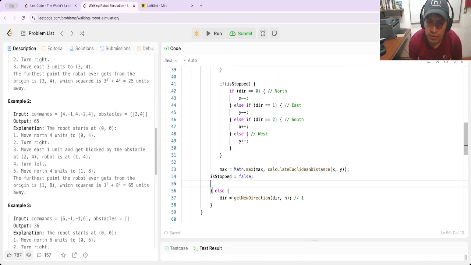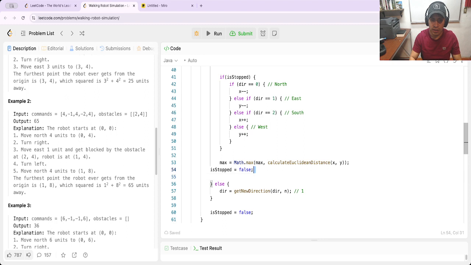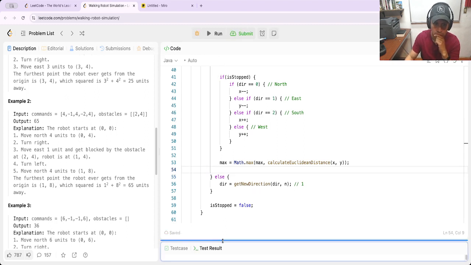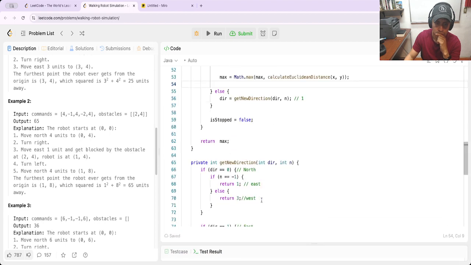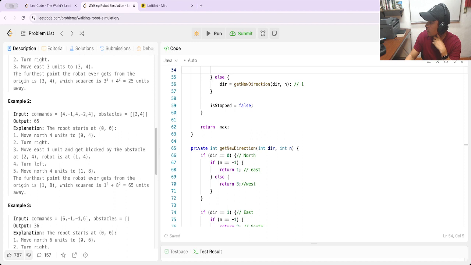Stopped is false. Even this all the time should be updated, not only in this if. Yeah, sure.